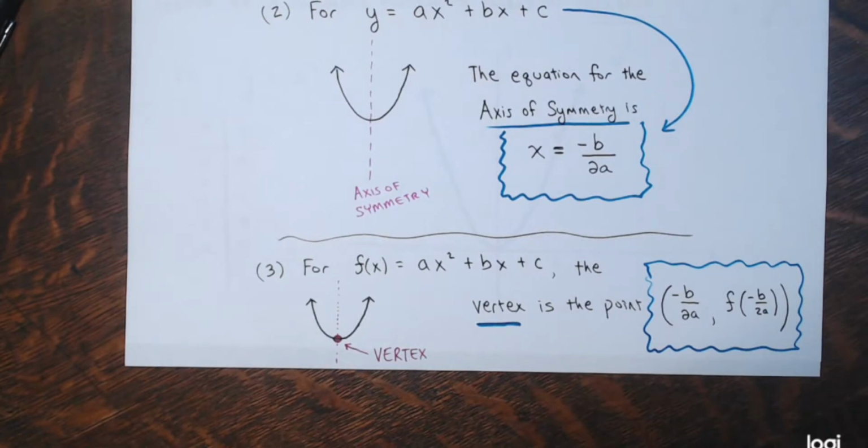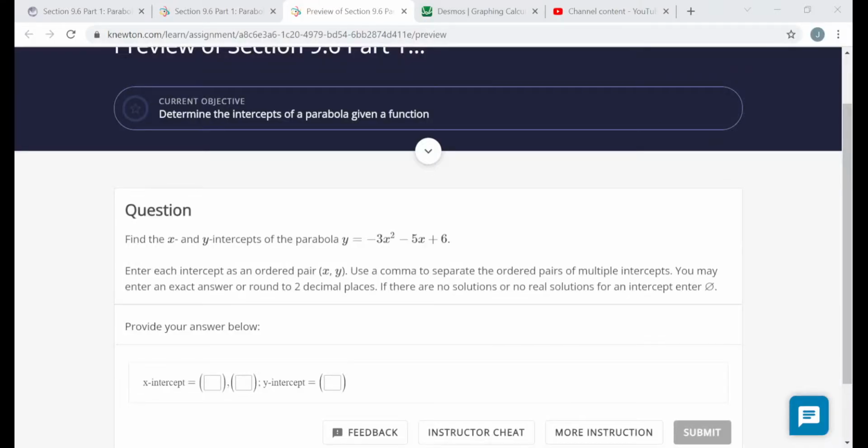Now, what we're doing here is not finding the axis of symmetry or the vertex or even graphing. I mean, it's part of the graph, but we're asked to determine the intercepts. Now, I'm hoping you remember what intercepts are. There were x-intercepts and y-intercepts for graphs.